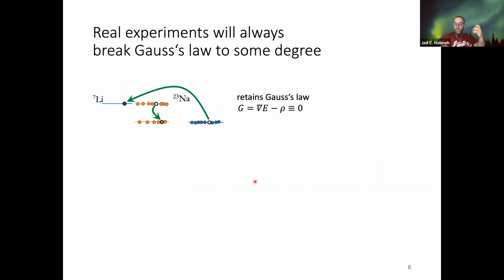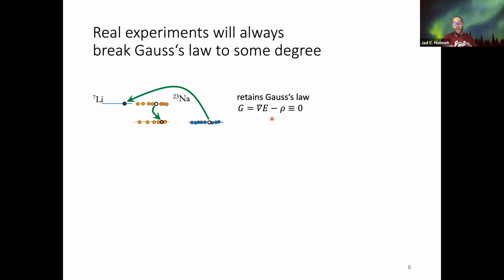So in an experimental setup, for example, I'm going to model my matter fields as lithium atoms, and I will use sodium atoms for my gauge field. If I excite a lithium atom, that means I have created an electron-positron pair, and I want the electric field in the middle to instantaneously flip in order to satisfy Gauss's law, which we write here, but I'm sure all of you are familiar with it.